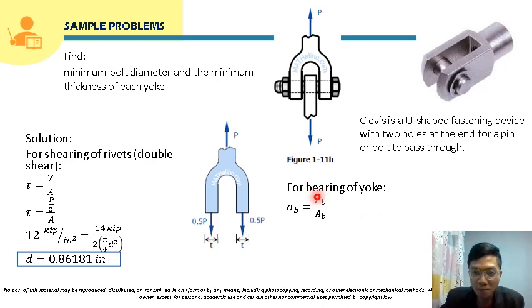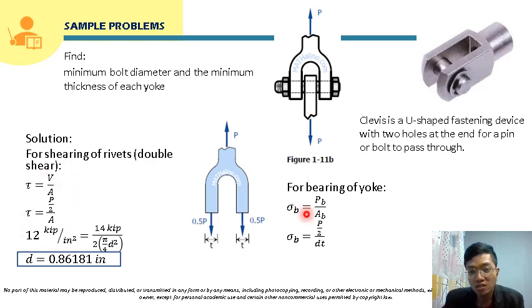For the bearing force, it will be at the yoke, so both yokes will have a bearing force each. Solving using the equilibrium equation, 2PB minus P is equal to 0. Solving for PB, that will be P over 2.